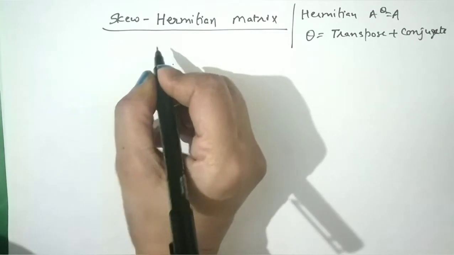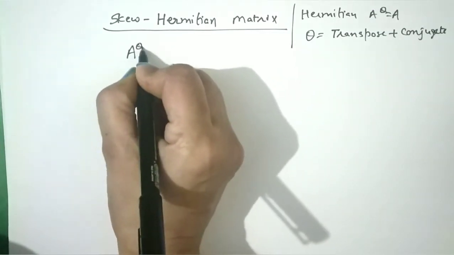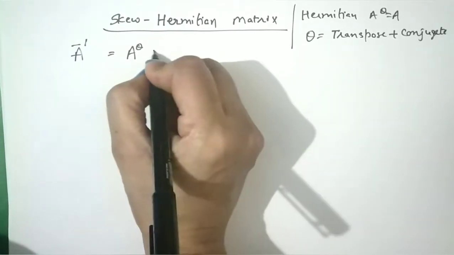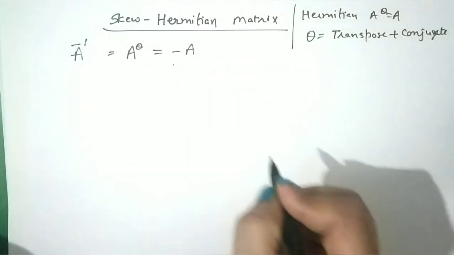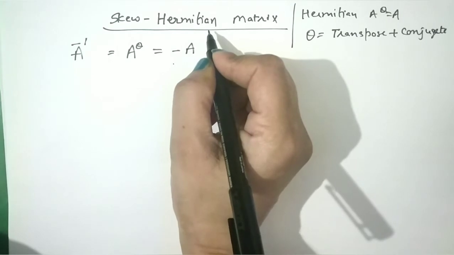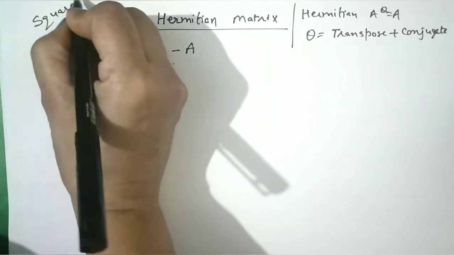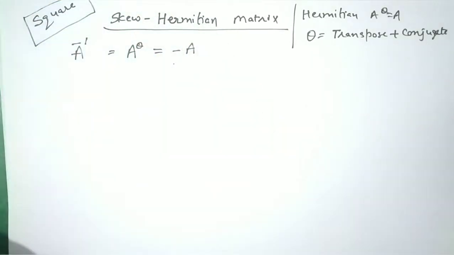Now for the skew Hermitian matrix, if we apply A theta, meaning if we apply conjugate and transpose on a matrix and it becomes negative of itself, then that matrix is called skew Hermitian. First, it should be clear that a Hermitian or skew Hermitian matrix must be square. Only a square matrix can be checked for Hermitian and skew Hermitian.